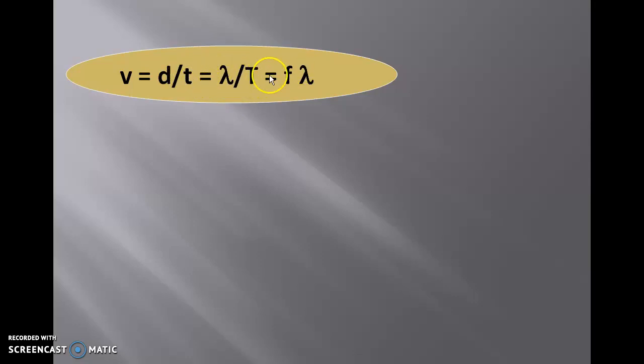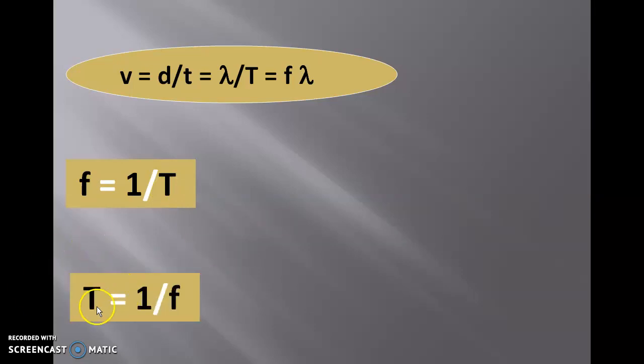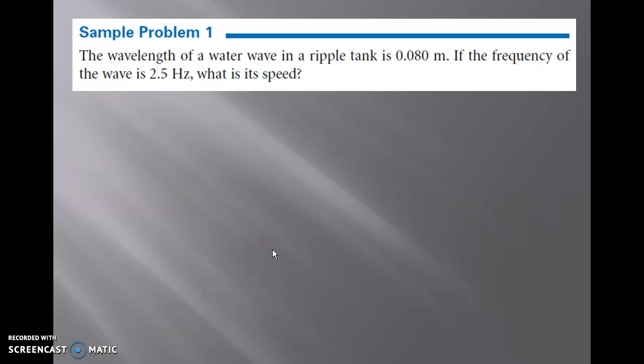And this also is equal to frequency times wavelength, where the frequency is equal to 1 over period, that is the reciprocal of period, and the period is 1 over frequency, the reciprocal of frequency. So let's move straight to the examples.